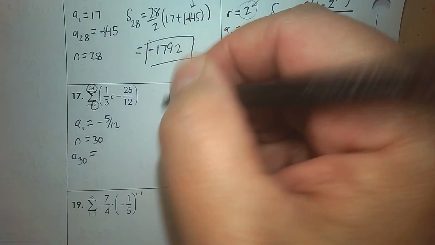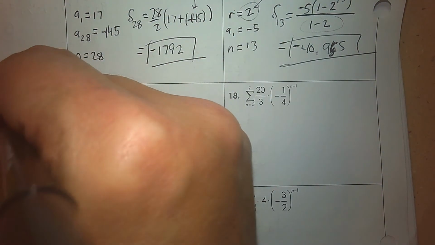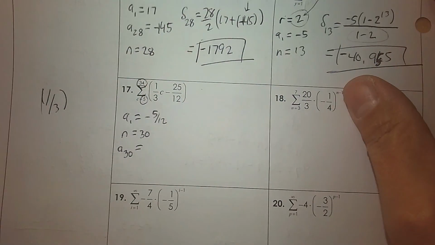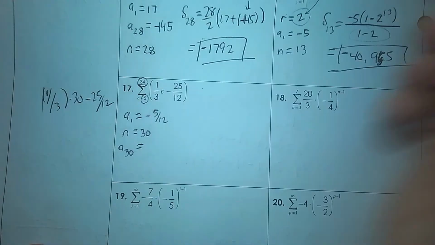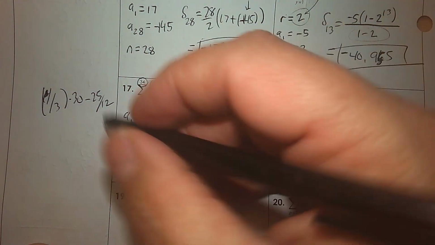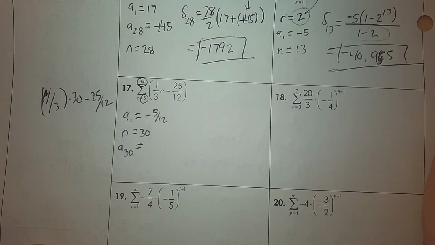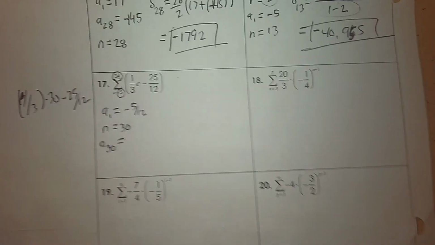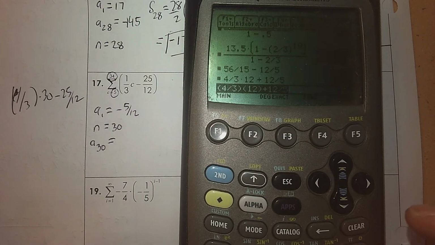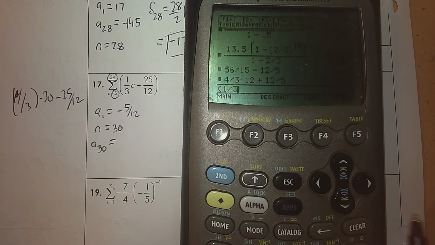So in your calculator, you would go 1/3 times 30, and then take away 25 over 12, like equals. I mean, I already know that it's 10 take away 25 over 12. What did you get? 95 over 12. Yeah. So 1/3 times 34.